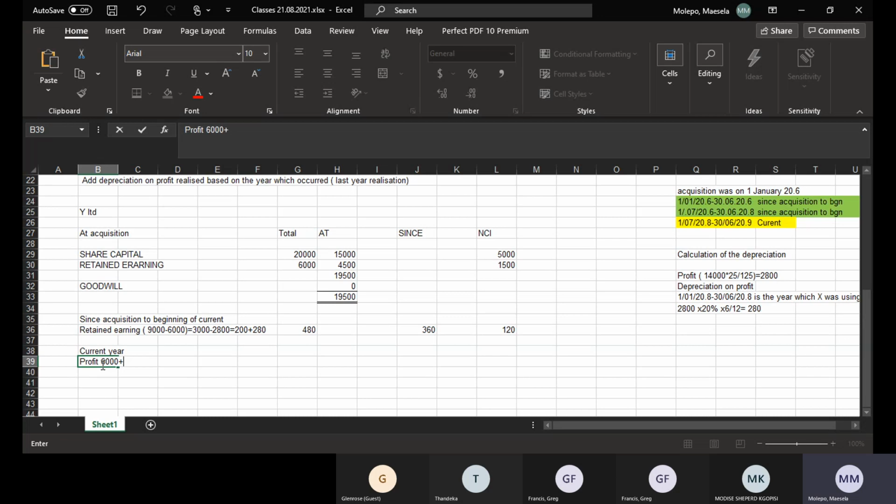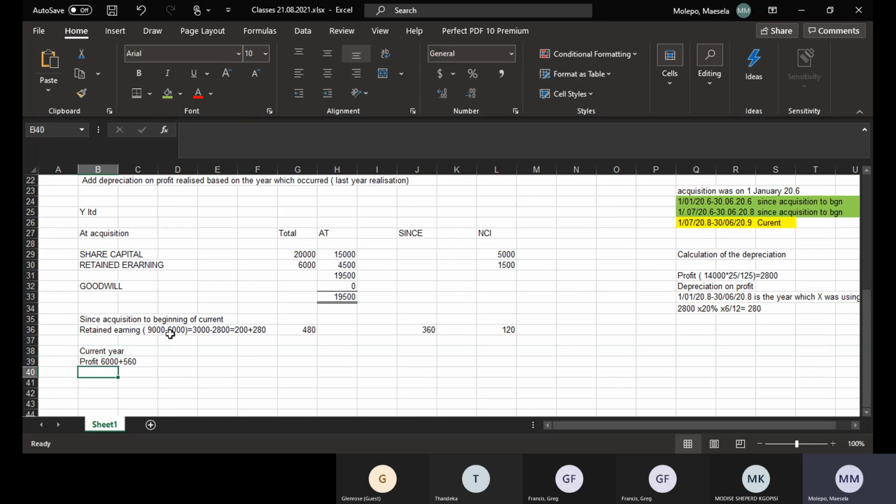So the realization of the depreciation will be based on the current year, which was now used from 1 July 2007 to the 30 June 2008, the full year. So X used the assets, so he now realized the profit from that asset which was purchased from Y. So we're gonna add the 560.